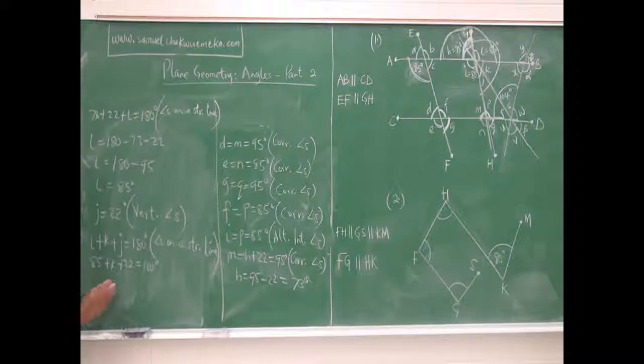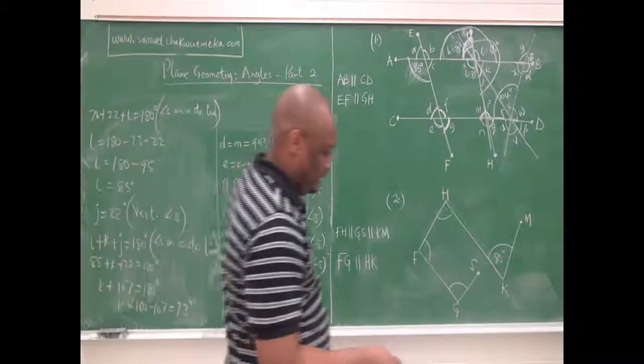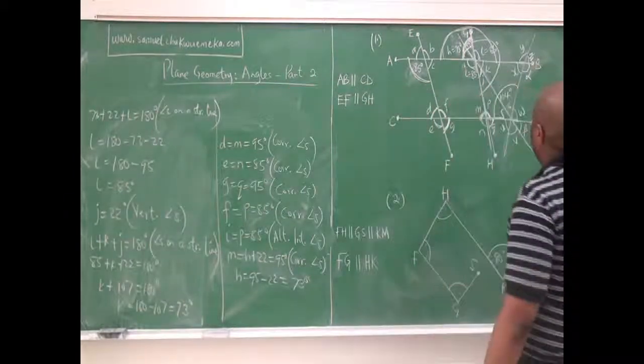So K plus 107 is 180 degrees. So K is 180 minus 107, which is 73 degrees. Okay? So K is 73 degrees.